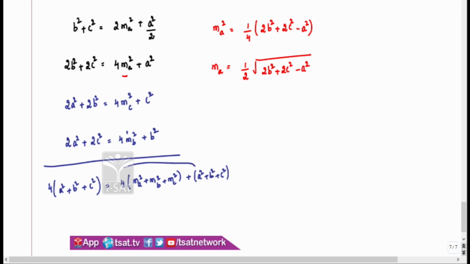So it is 3 times the sum of squares of sides, a square plus b square plus c square, is equal to 4 times the sum of squares of medians, ma square plus mb square plus mc square.